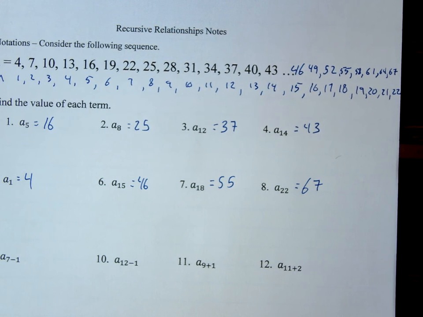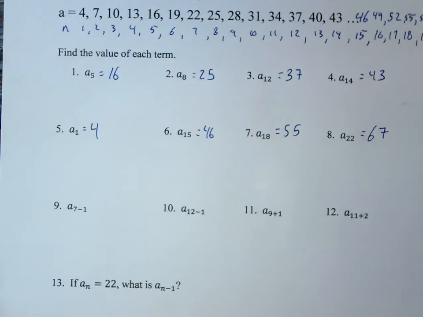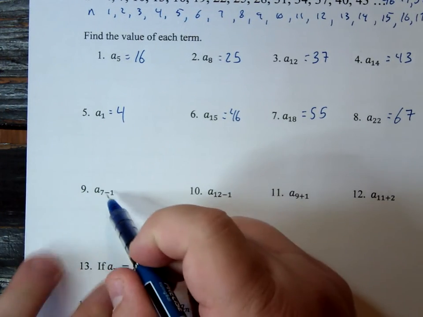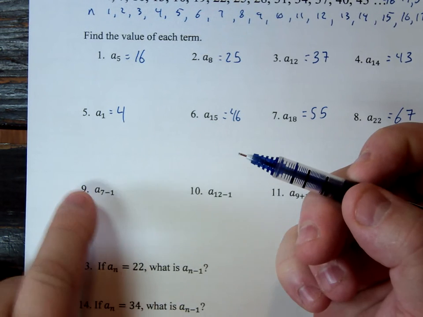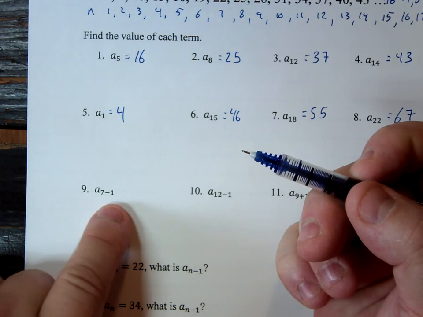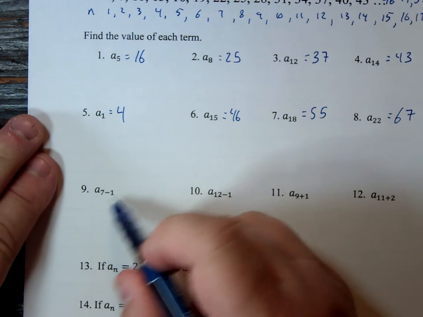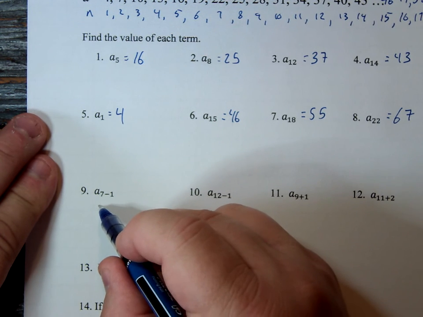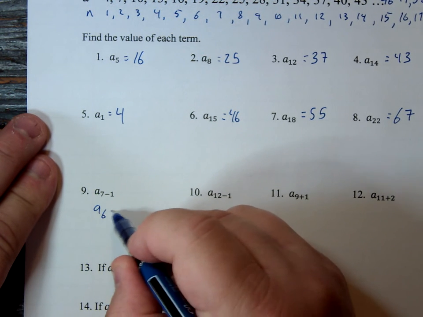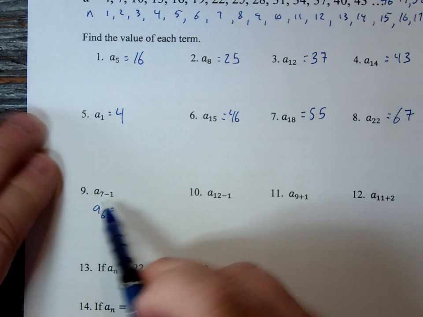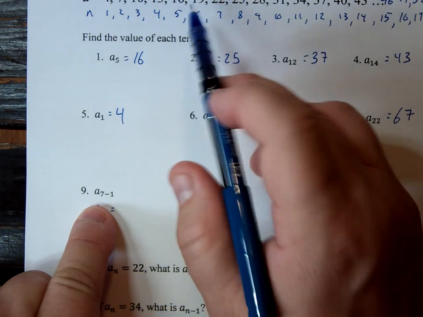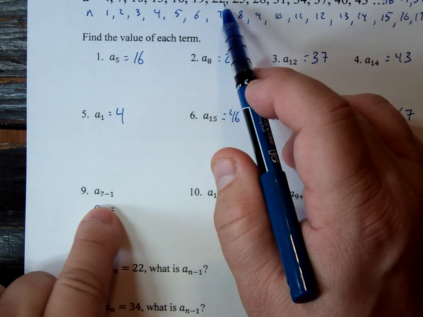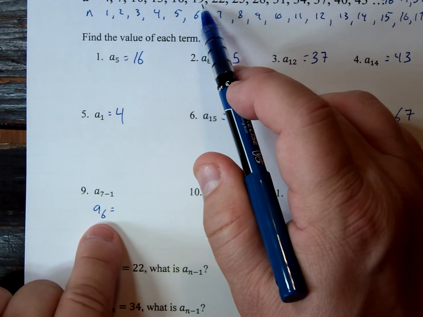So then getting into these notations where there's things going on in the subscript, that is a sub 7 minus 1. Well, if that whole 7 minus 1 is in the subscript, that's the same as saying a sub 6. Or, starting with the 7th term, which is 22, if you go back 1, you would be at a sub 6.